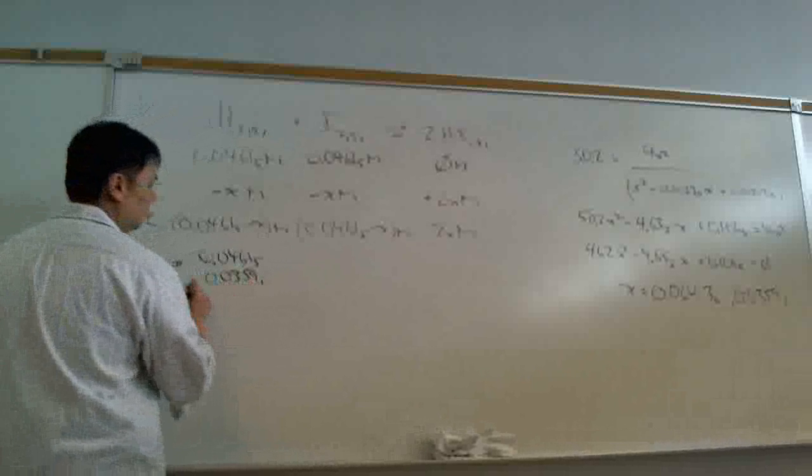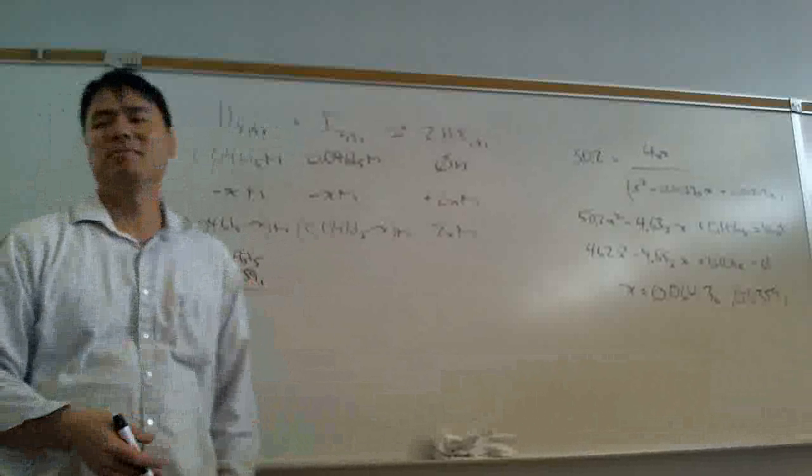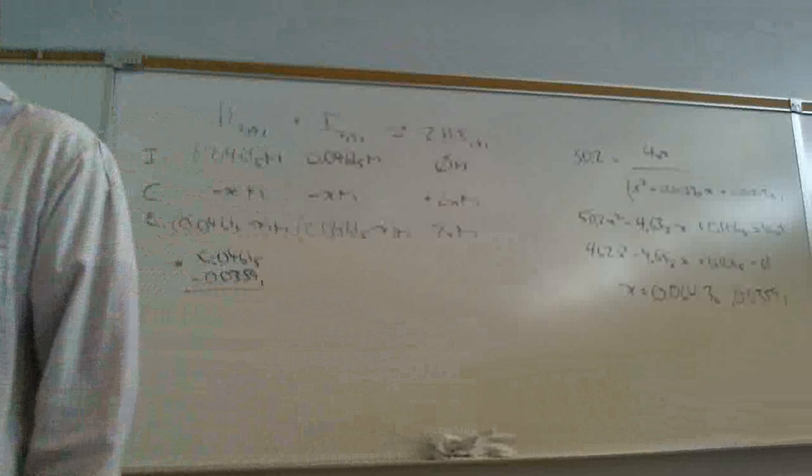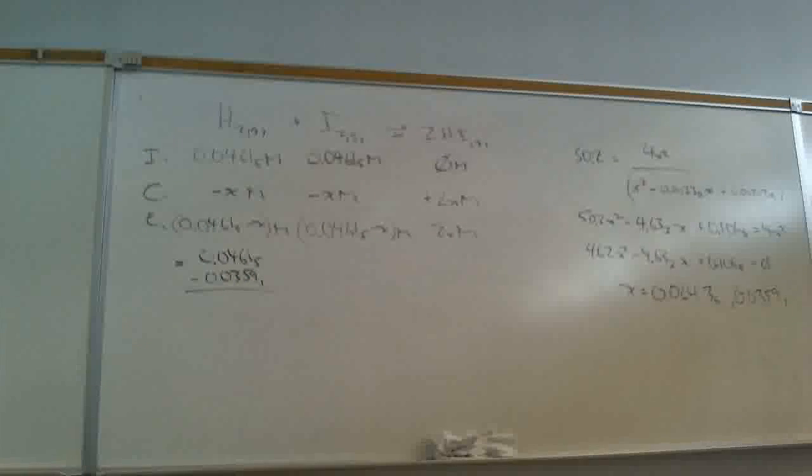You know, a lot of people will say, what's the big deal? 359 versus 360, whatever, right? But this is why I always say do not round. These little rounding steps can really impact your final answer.